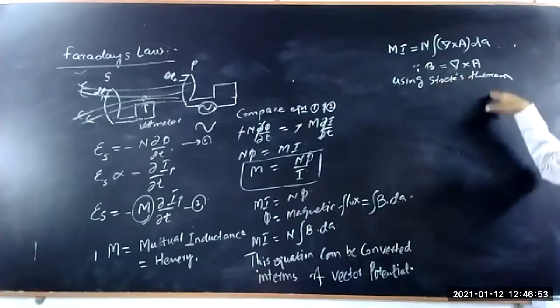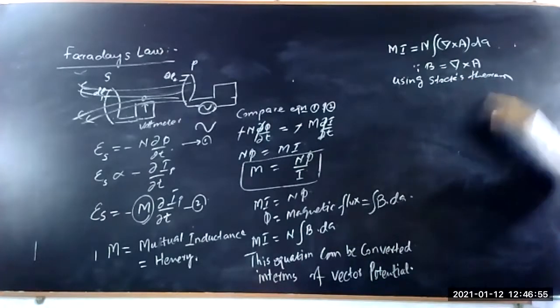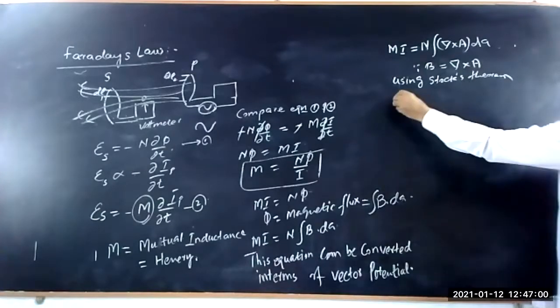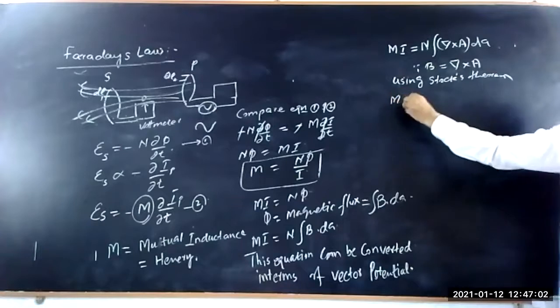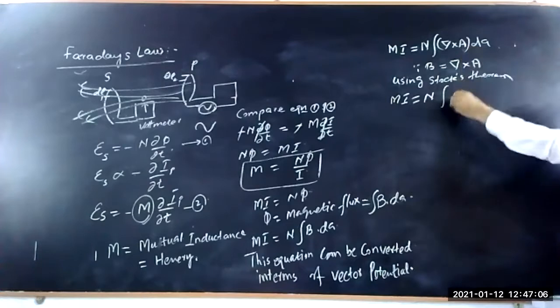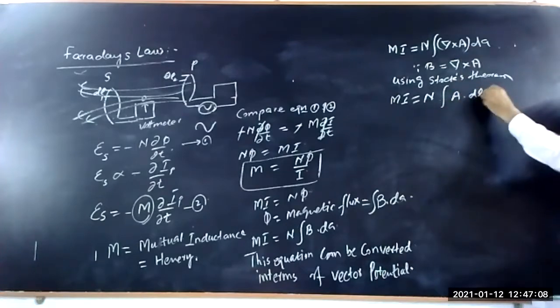Using Stokes theorem here, this can be rewritten as Mi is equal to N into integral A dot dl.